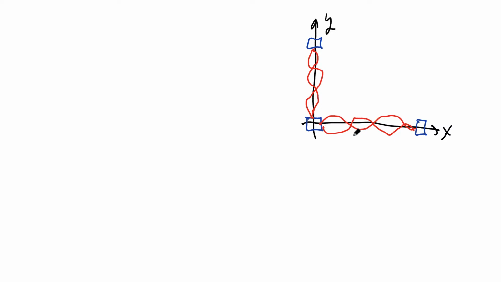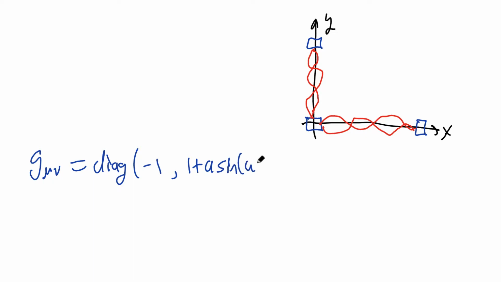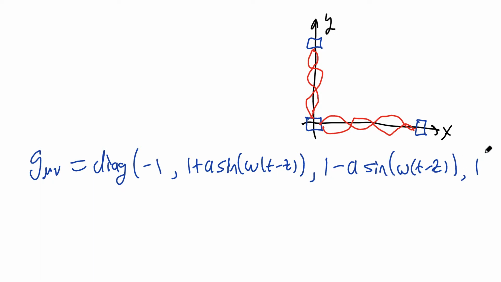Let's recall that the metric for our example gravitational wave is a diagonal matrix. g_μν has entries -1, 1 plus a times sine of omega t minus z, 1 minus a times sine of omega t minus z, and 1.